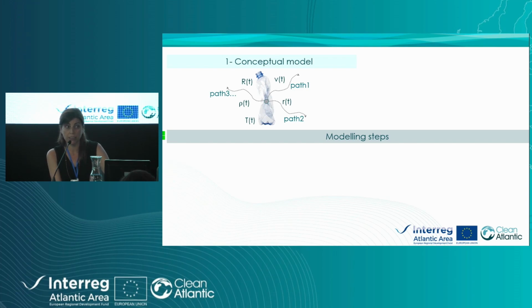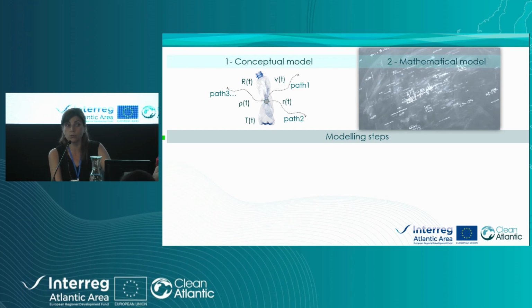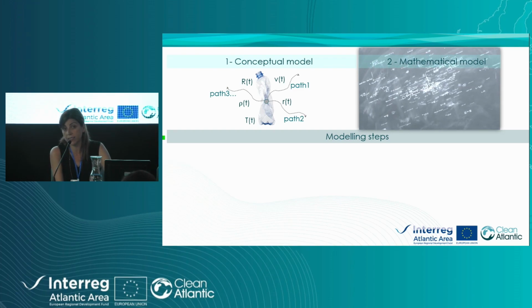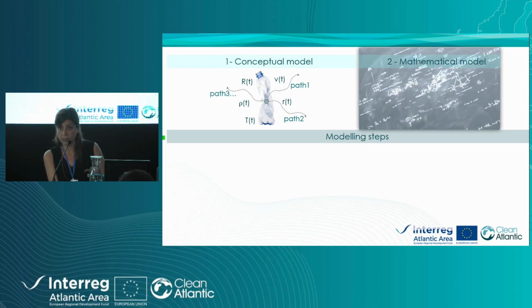First, we basically analyze the variables that define each of these items and the environmental variables like the wind or water speed, the temperature, which are going to establish how these items will be transported. This is what we call the conceptual model.